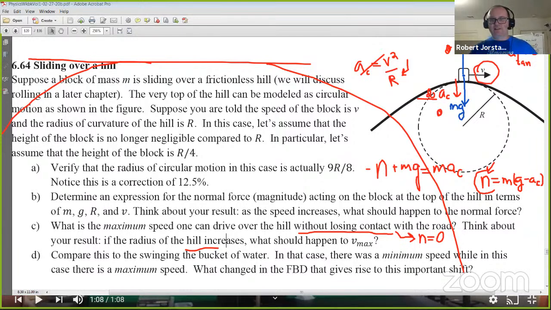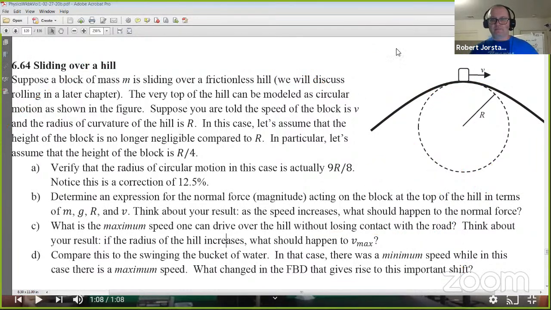All right, so now I want to go back a little bit. In this case, we had a maximum speed. In the bucket of water, there was a minimum speed. What was the big change that gave rise to this significant difference?